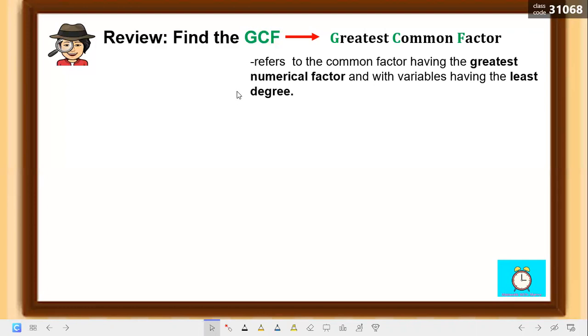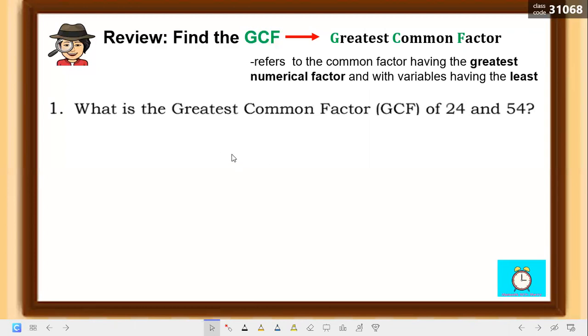Remember, the degree of the polynomial means the lowest exponent, and that is what goes in the common factor we will write. So first, determine the greatest common factor of 24 and 54. There is no variable, so you can do it mentally.